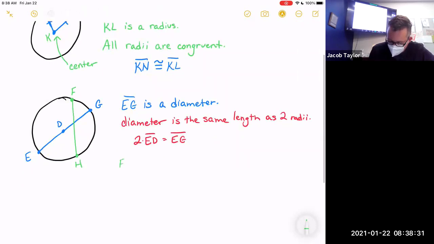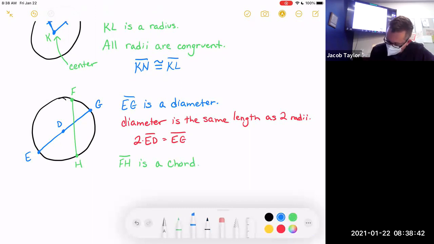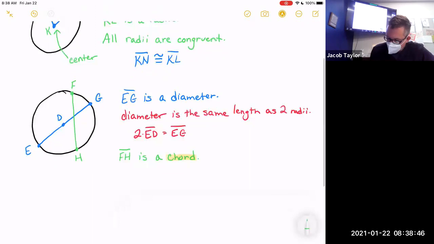Well, that is a very long set of words for what we could just say in one word, which is chord. Chord? Yep, chord, just like a piano chord. So the definition of chord is a segment with both endpoints on a circle.